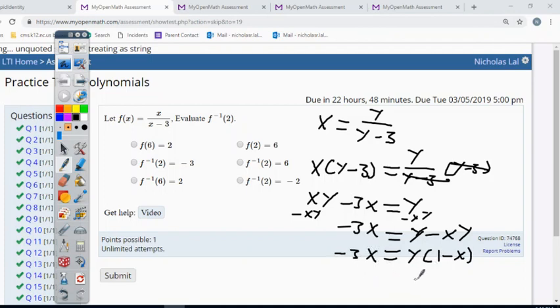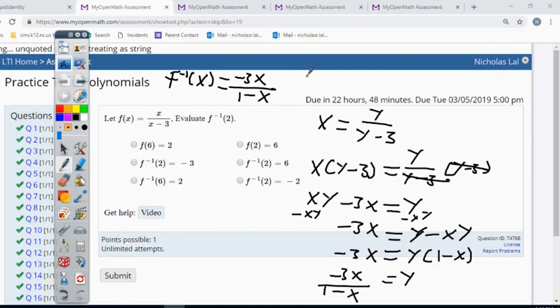So y by itself is equal to negative 3x divided by, divide each side by 1 minus x, 1 minus x. So I found the inverse. The inverse of the function is f to the negative 1 of x is equal to negative 3x over 1 minus x.